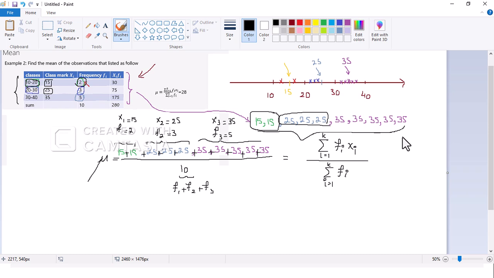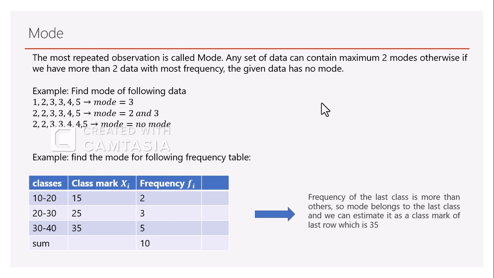Now it's time to discuss the next measurement, which is the mode. So let us take a look at the mode. In real life, we call something a mode when it has the most frequency, and most people follow that type of thing.